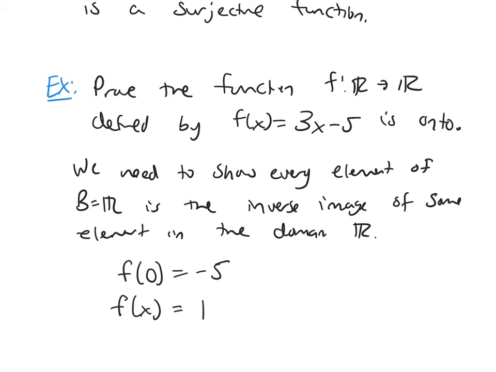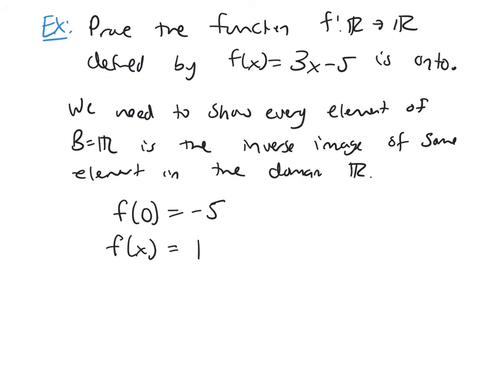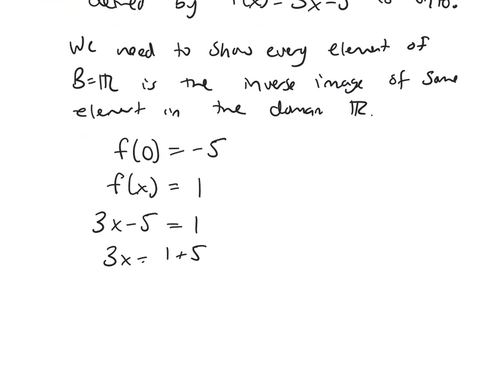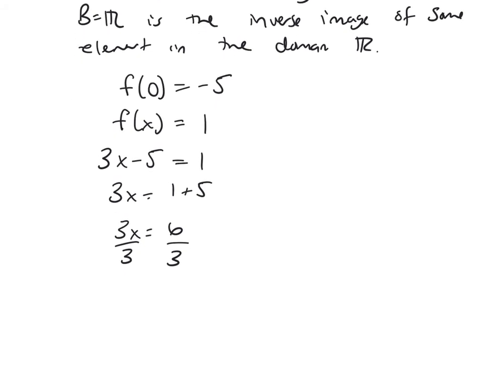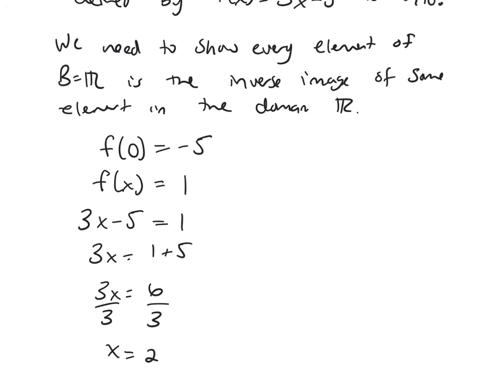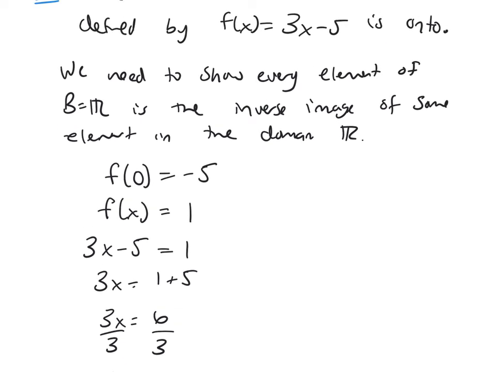What would be the input to output the value 1? Well, that means we need to look at our equation, 3x minus 5 equals 1, and solve for x. So add 5 over, 3x equals 6, and then you divide by 3, and you'd get x is 2.